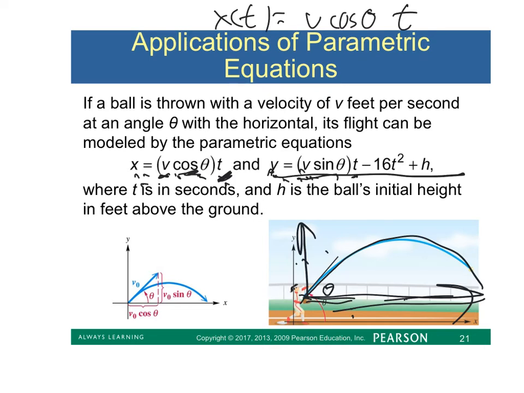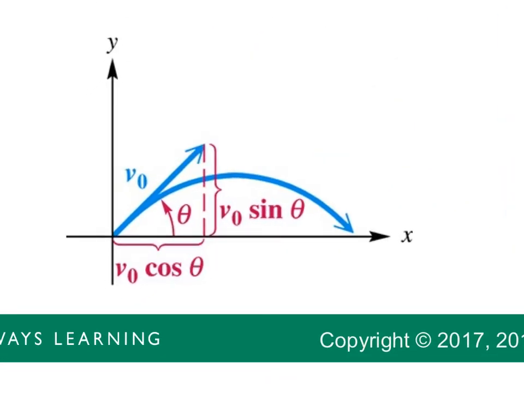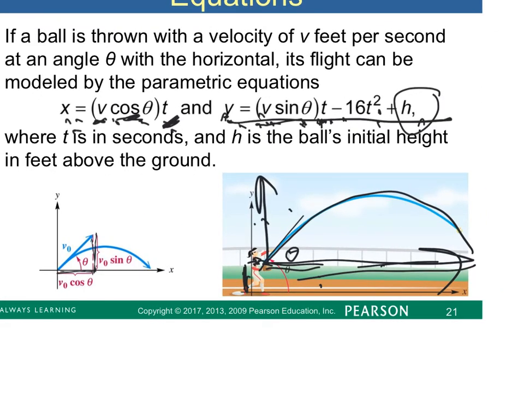You've got the v sine of theta t minus 16t squared plus h. H is the height you are off the ground, your arm, when it's thrown. It's a little more complicated, but it's useful to look at it in terms of a horizontal component and a vertical component. Almost like vectors. Hello, it is like vectors. It is a vector.